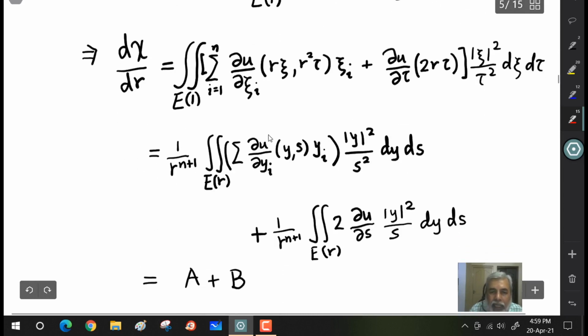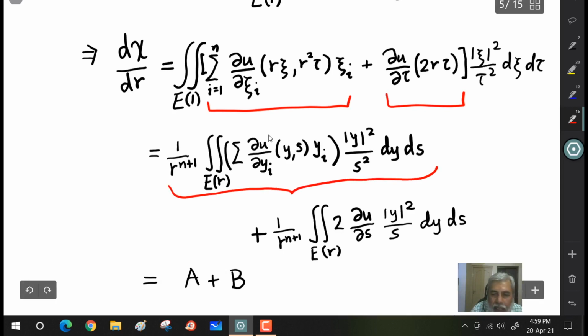There are two terms here, so I am writing them separately. This we are calling A, and this as B.